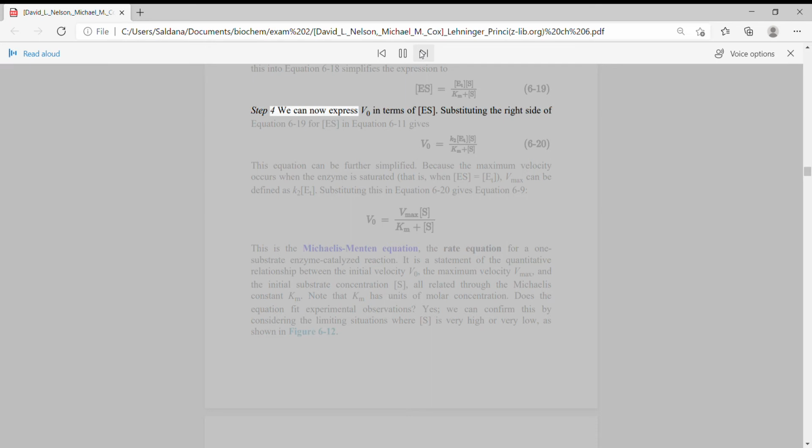Step 4. We can now express V0 in terms of [ES]. Substituting the right side of Eqn 6-19 for [ES] in Eqn 6-11 gives. This equation can be further simplified. Because the maximum velocity occurs when the enzyme is saturated, that is, when [ES] equals [Et], Vmax can be defined as k2[Et].